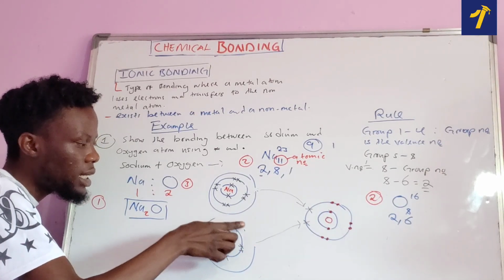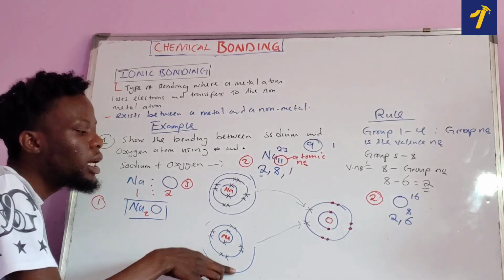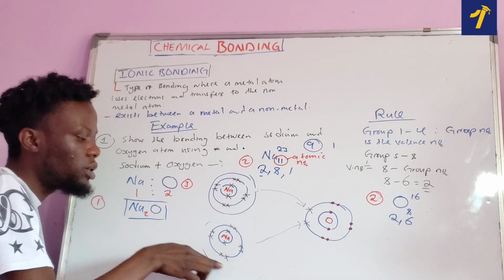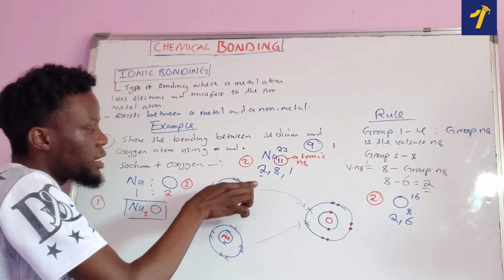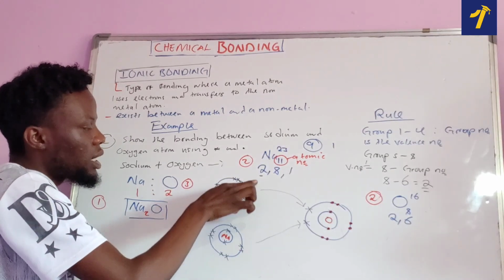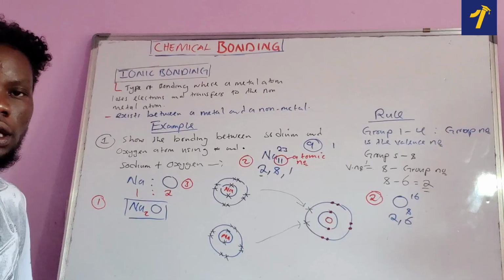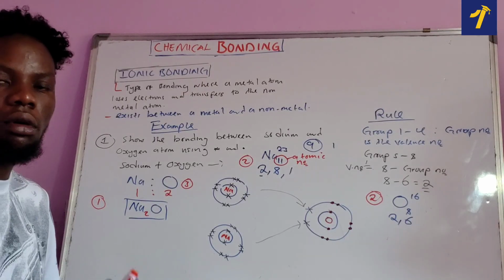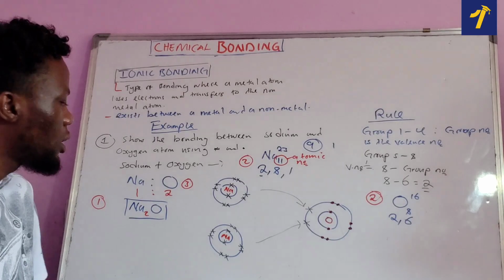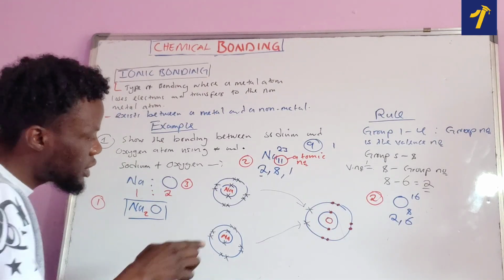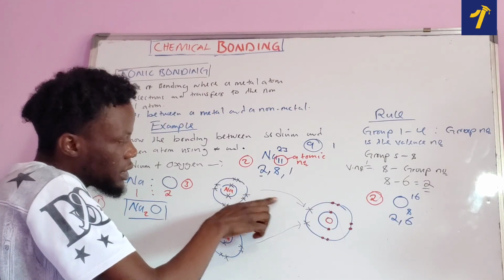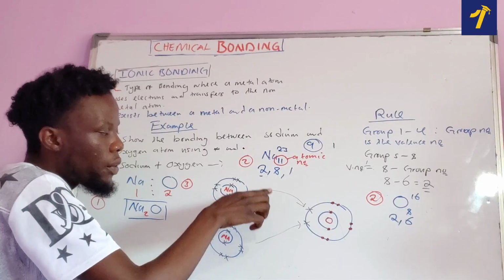Because there is nothing in the last shell, everything has gone to the non-metal, which is oxygen. So remove the last shell. Also here, remove the last shell so that you see what is happening. Because in that last shell, there were no electrons. So you don't have to write it. Okay? Now, since I said these arrows, we don't have to write them.